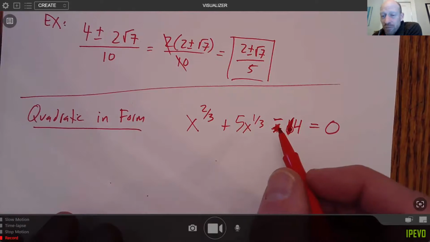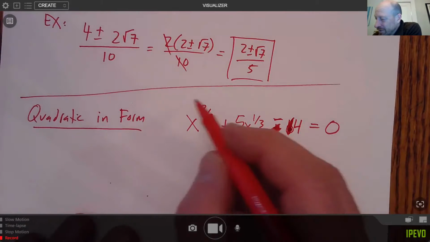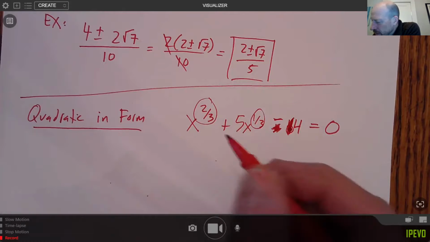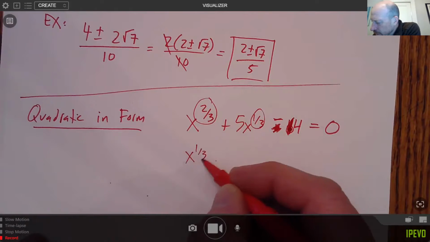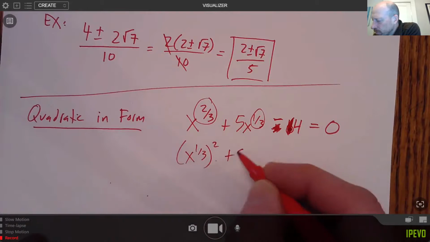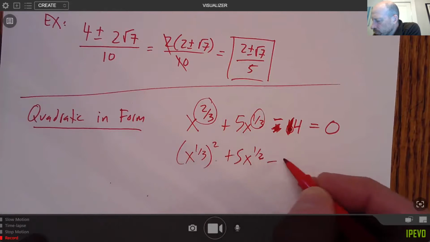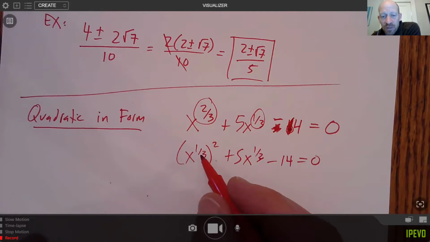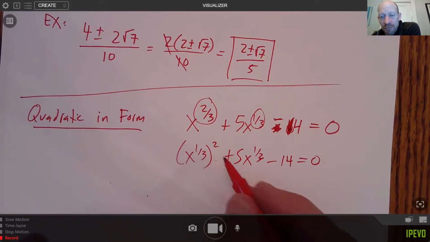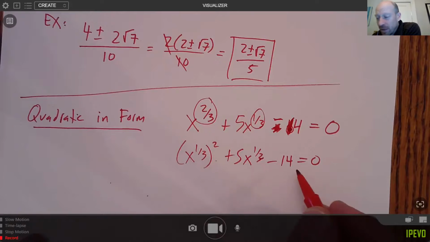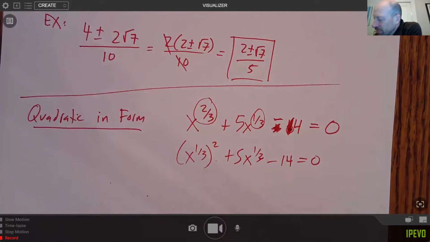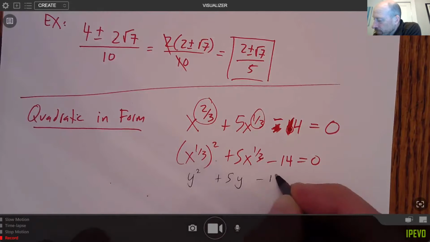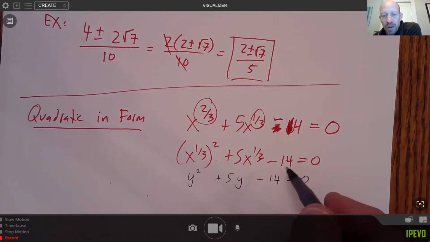So this one very clearly is not a quadratic because these exponents are quite different. But it turns out that that first term can be rewritten as x to the 1/3 squared, and then I have 5x to the 1/3 minus 14. So this is actually very similar to this quadratic.